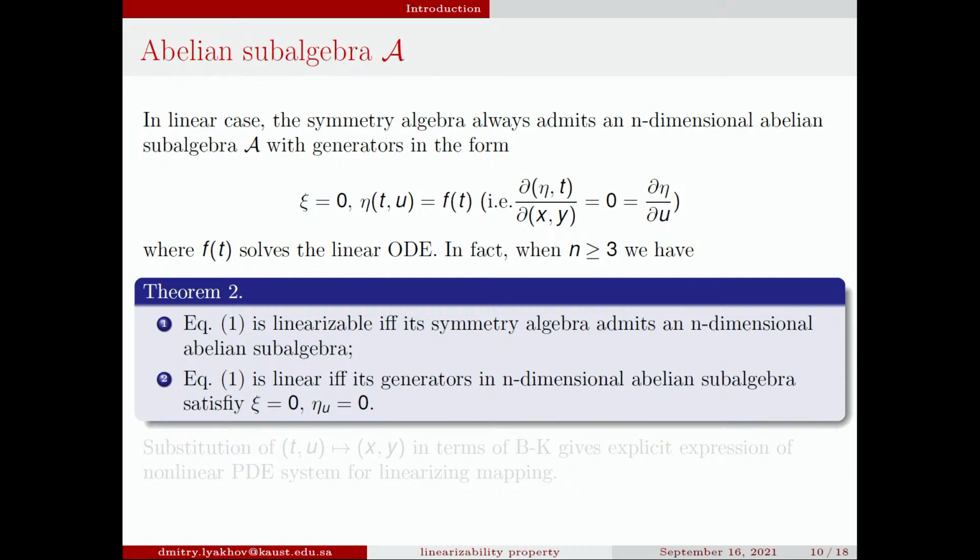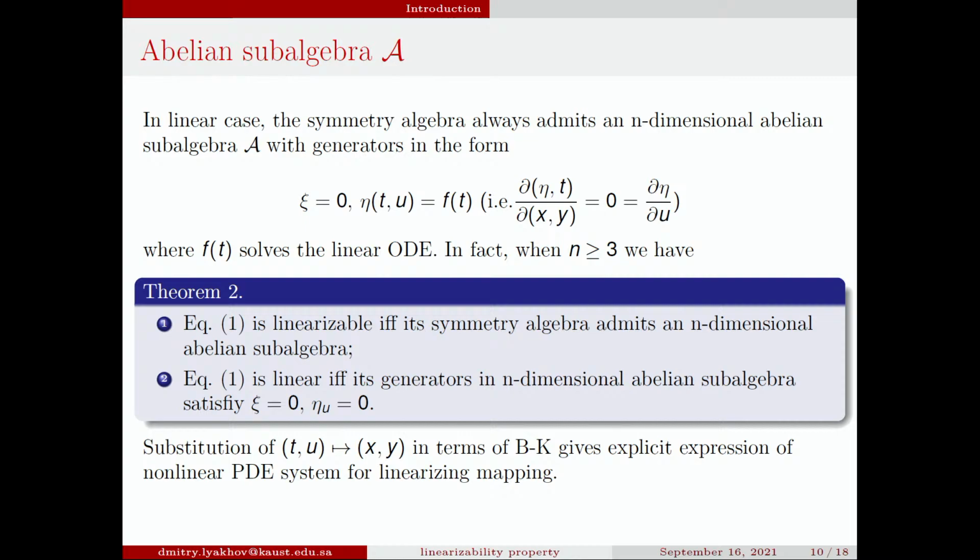So we can use this system, and also the Bluman-Kumei equations we mentioned before, together with these conditions, and make a substitution of x, y back into that system to satisfy this condition. Then we get the PDE system for all possible linear mappings.